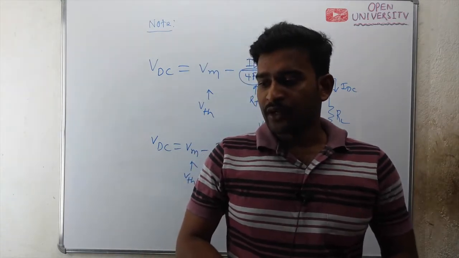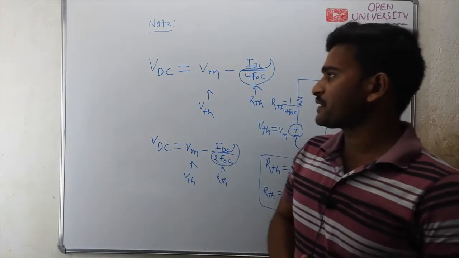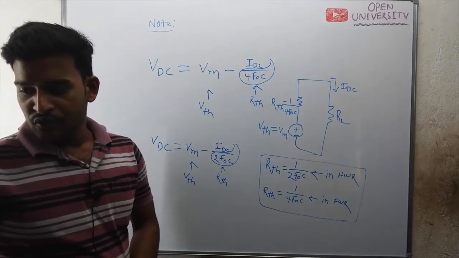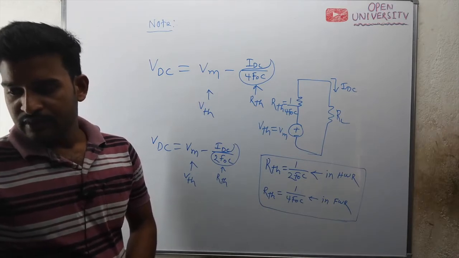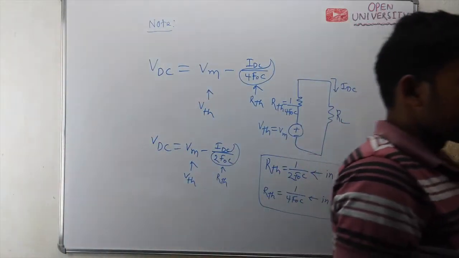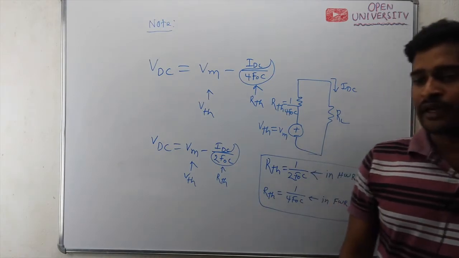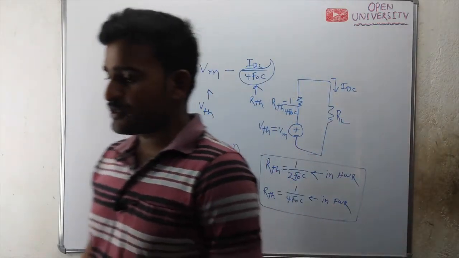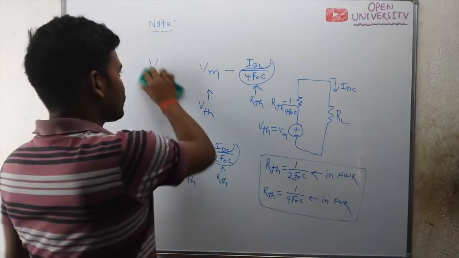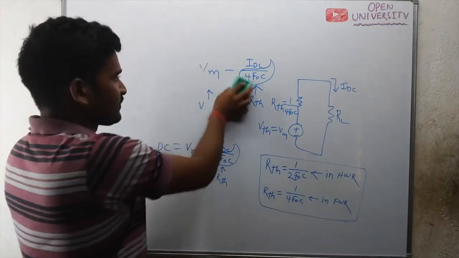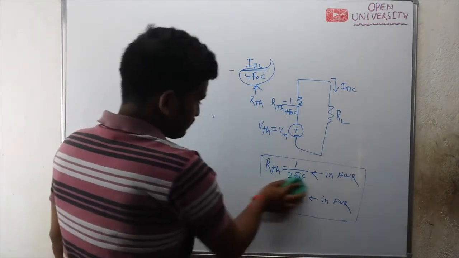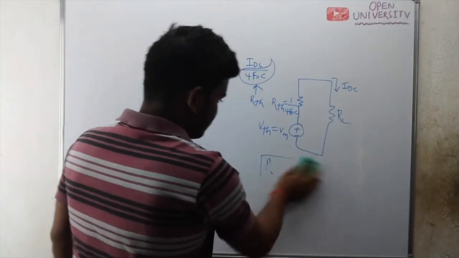Calculate the value of capacitance in the bridge rectifier shown, if diodes have cut-in voltage 0.7 volt and peak to peak ripple voltage is 2 volt. Draw the diagram first.